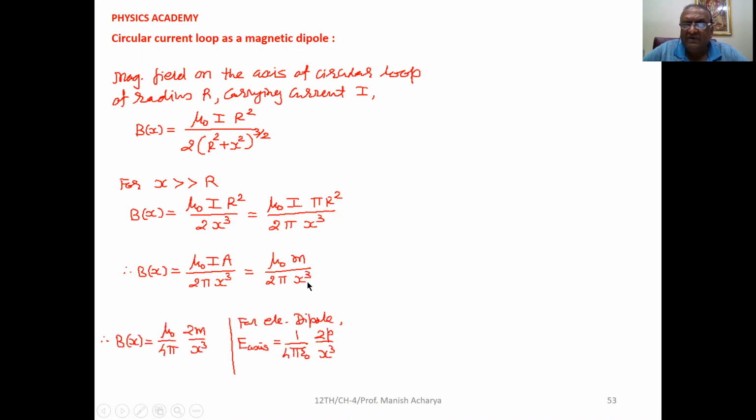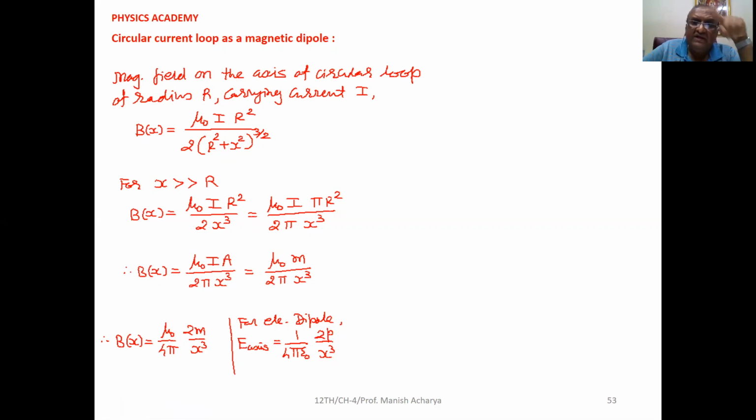Now rewrite this one. Here multiply and divide by 2 again. So we can resultantly write mu 0 upon 4 pi into 2m upon x cube. Here see, the constant appears, that is mu 0 upon 4 pi.